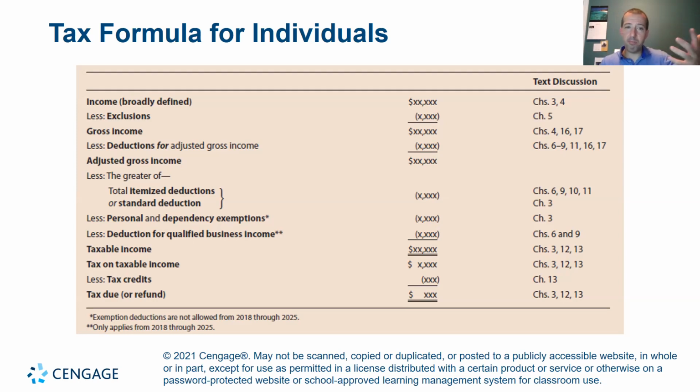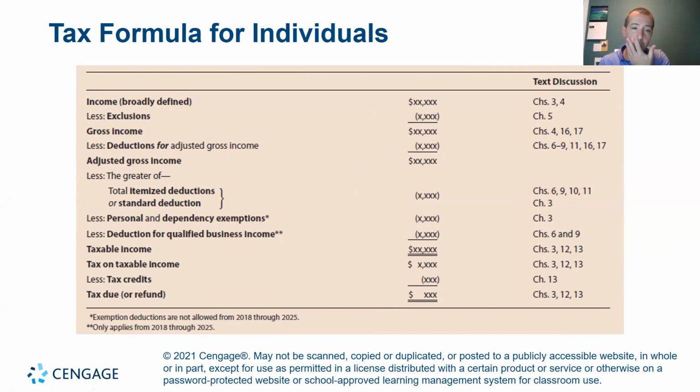So there are items that we could deduct from income that are specifically held at the income level. So we start out with our total income. We deduct all of our exclusions to get to gross income, then any other deductions, and then we get to AGI, which is adjusted gross income. And this is what we're going to base our top line tax income on.